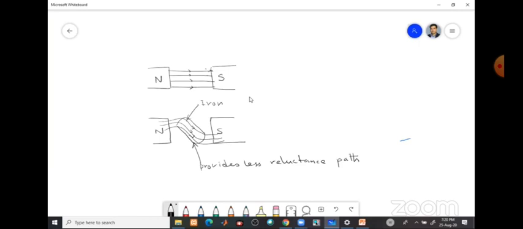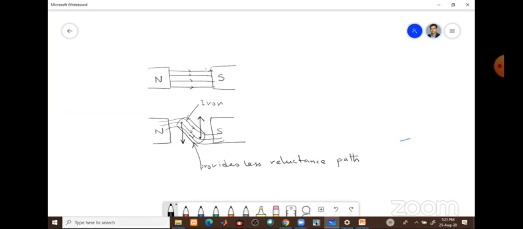Now again, the properties of flux will remain the same. That means the flux lines are basically like a stretched rubber band, so they will try to be straight. That means here it will exert a force in the downward direction, and here it will exert a force in the upward direction.